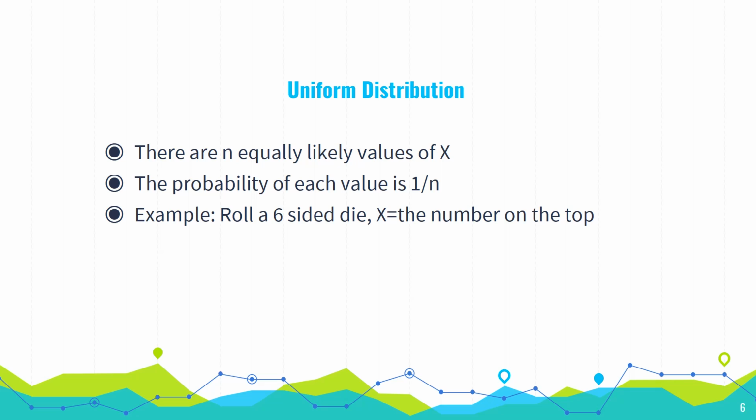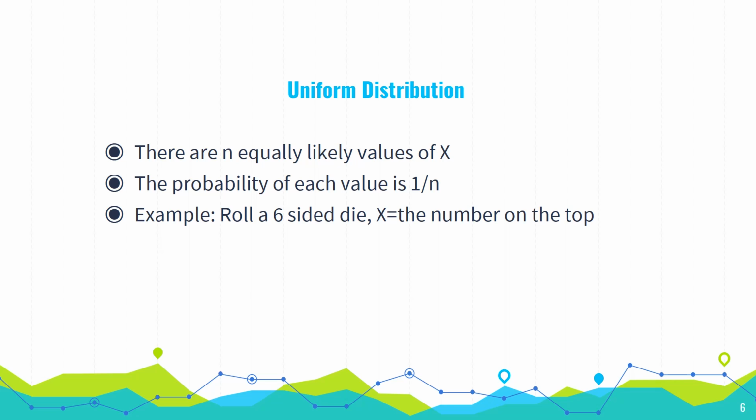Now let's look at some important discrete distributions. These are random variables that are very useful for modeling certain situations. So they've been named, standardized, and some of their properties have been identified.